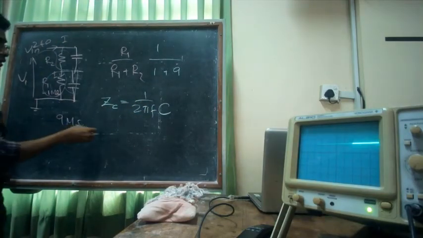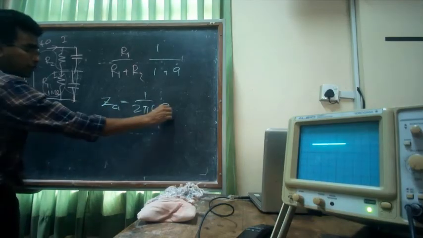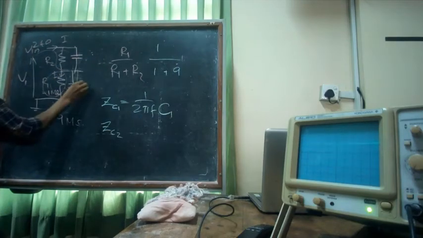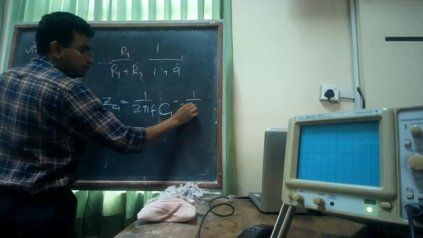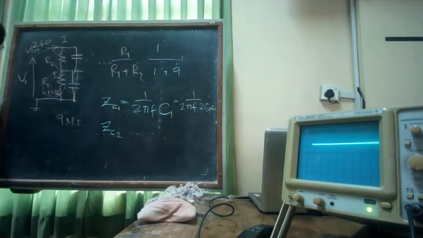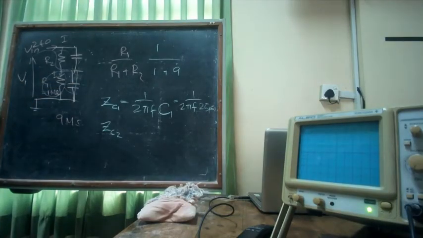Whatever the frequency. So let's say Z1 is this, and Z2, so this is 1 over 2 pi f C1, where C1 is 25 picofarad. That's the impedance of this particular capacitor.